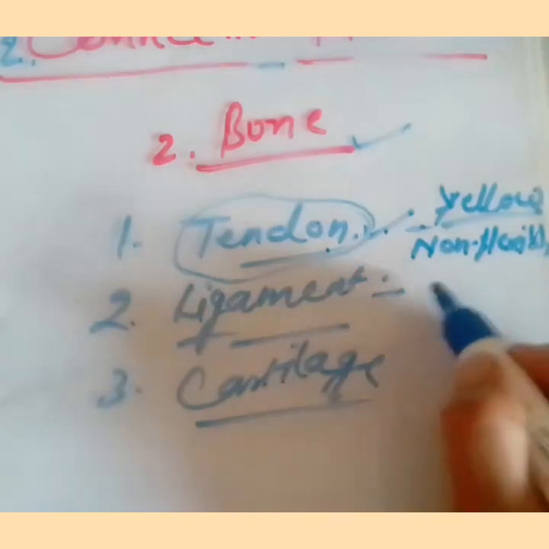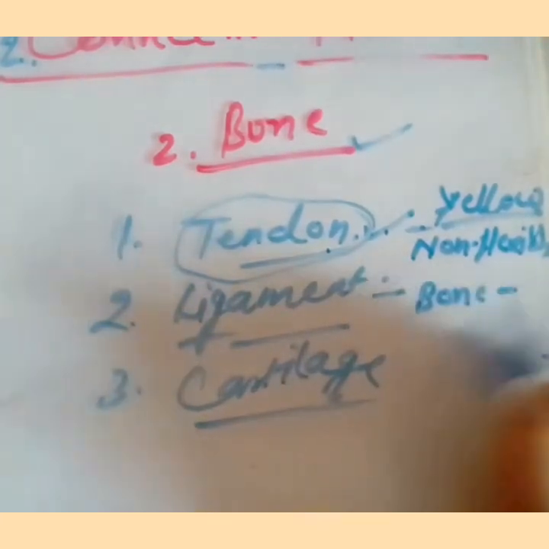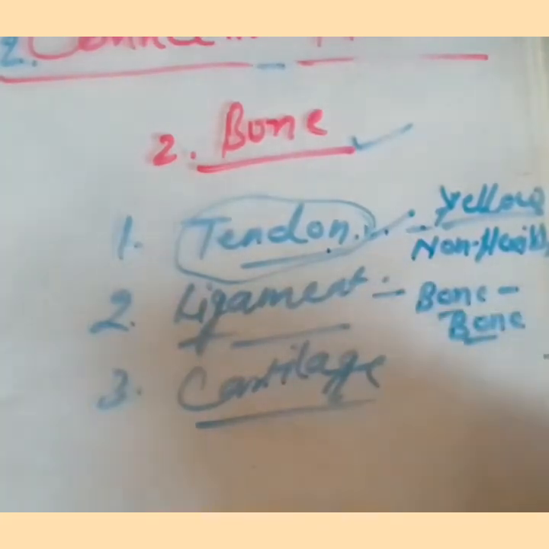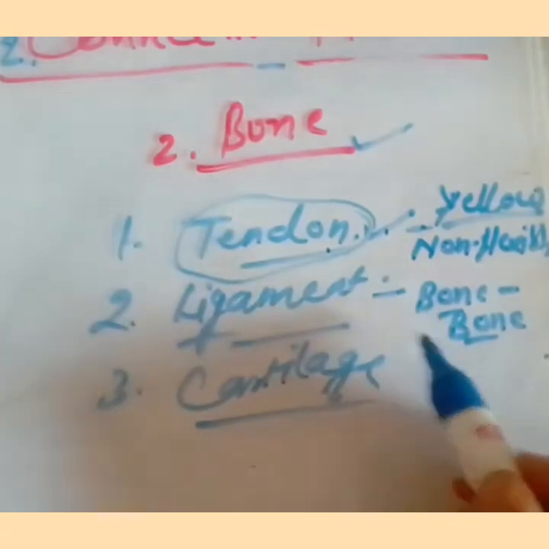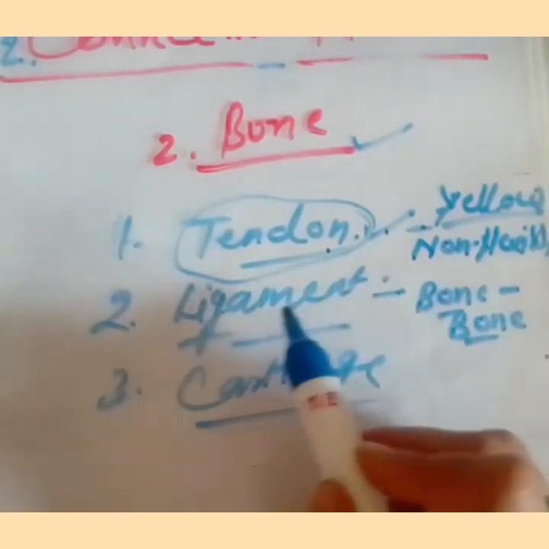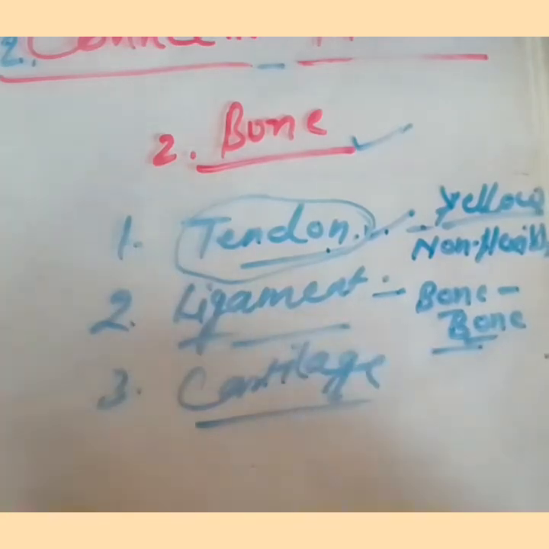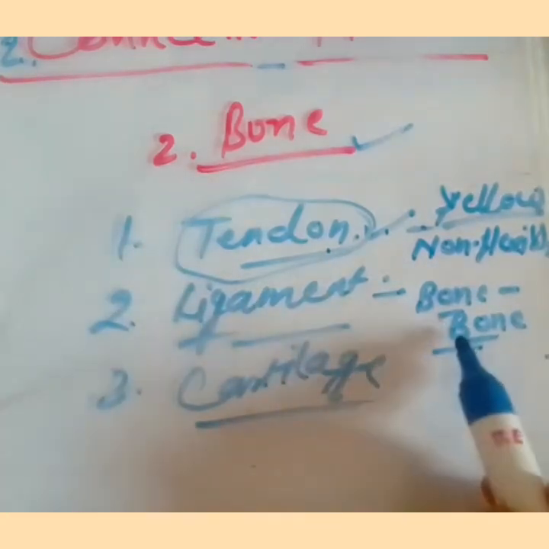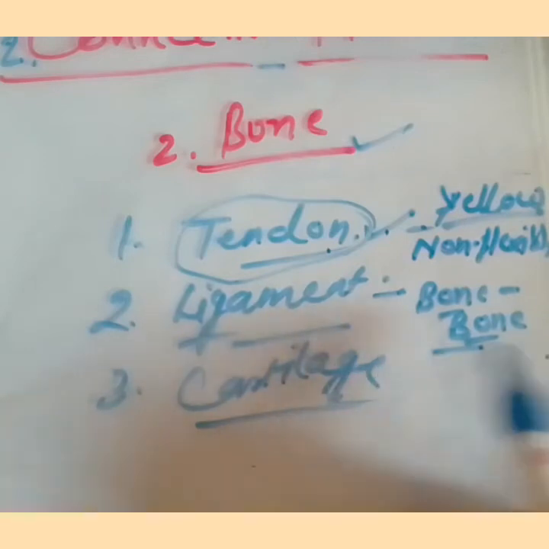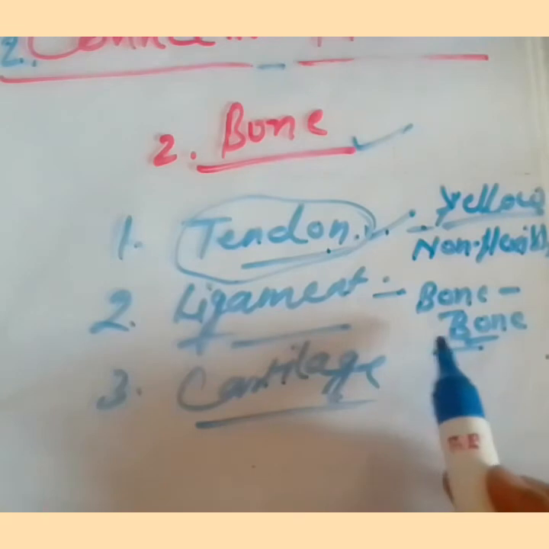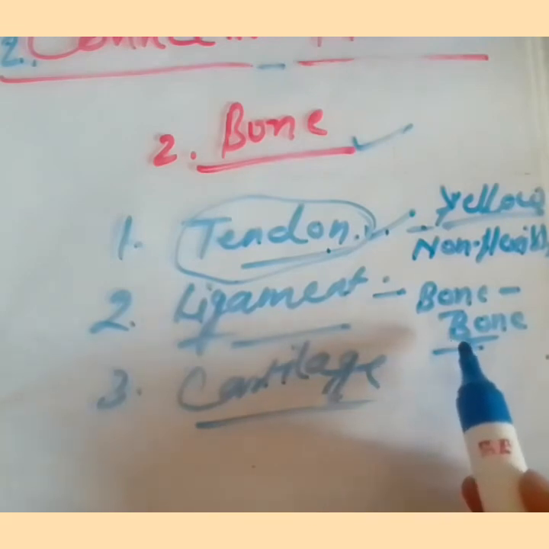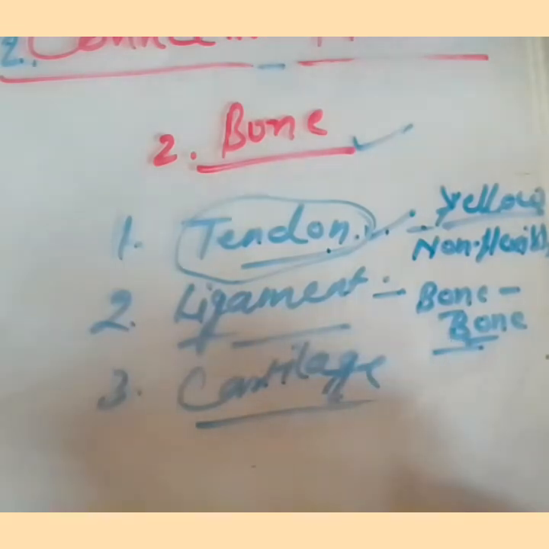Ligaments attach bone to bone. Two bones are connected with the help of the ligaments. Okay, and this is another type of this connective tissue in the bone. So bone to bone, they are connected with the help of the ligament, and you know that this tissue is flexible in nature. We can see when the two bones are joined, we can move those places easily.